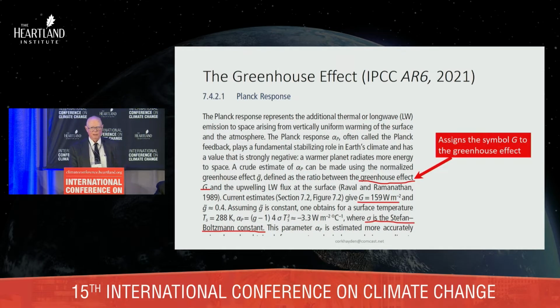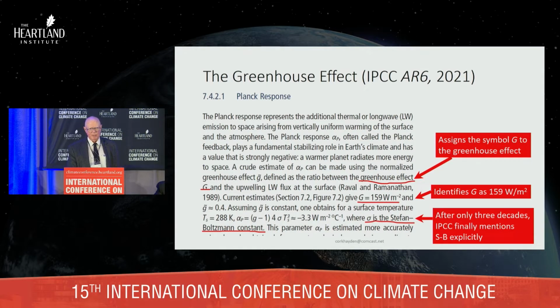At this point, you'll notice it says the greenhouse effect G, and down below it says G equals 159 watts per square meter. And down here it says sigma is the Stefan-Boltzmann constant. That, my friends, is the first, number one example of mentioning, in fact, it's the only mention of the Stefan-Boltzmann equation, which is not given, in 31 years of activity at the IPCC.